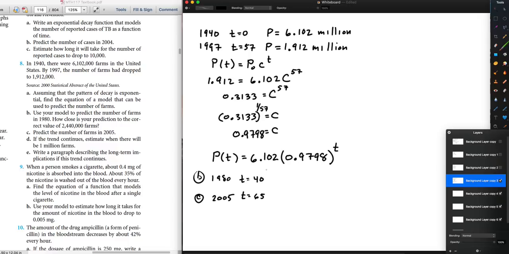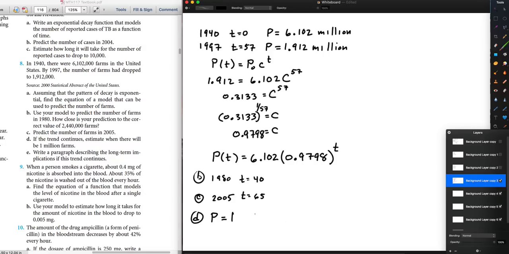For D, it's asking to estimate when there'll be 1 million farms. So for D, you're actually making P equal to, in this notation, P is going to equal 1. And then solve for t.